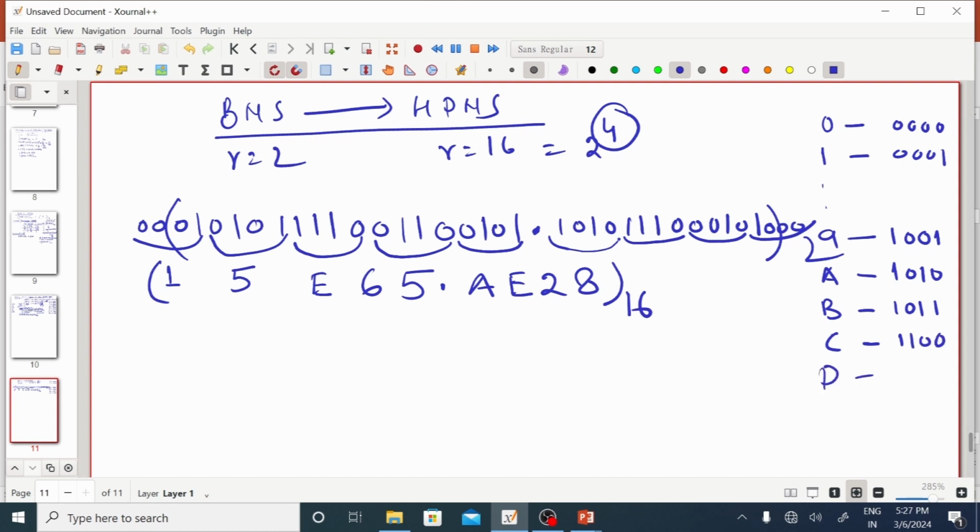D is represented by 1101. E is represented by 1110, and F is represented by 1111. So each and every hexadecimal digit is represented by a group of 4 binary bits, and then we simply write the hexadecimal digit equivalent to each group of 4 binary bits, and this is the final number in hexadecimal number system.